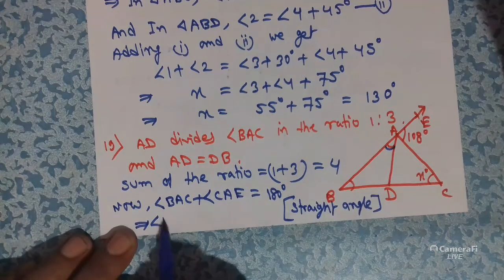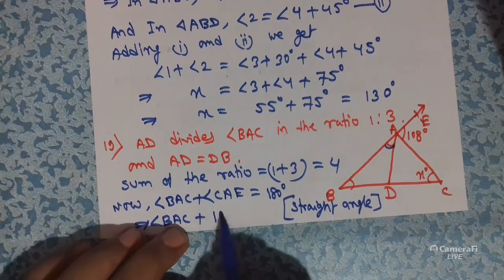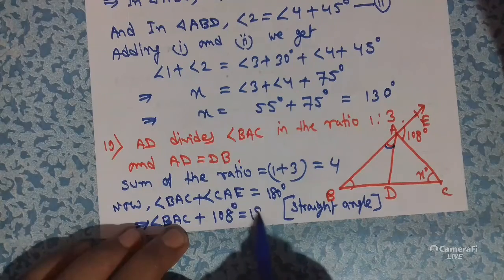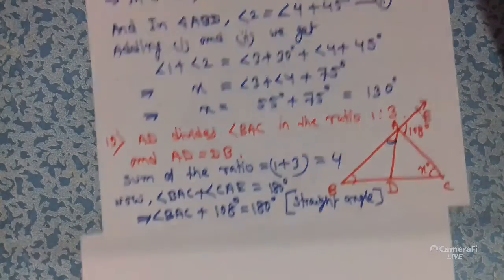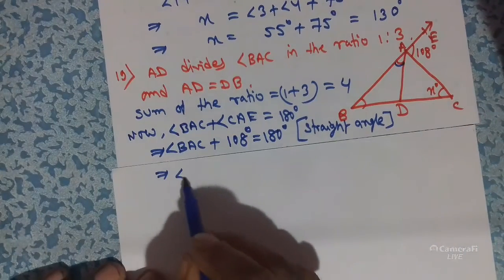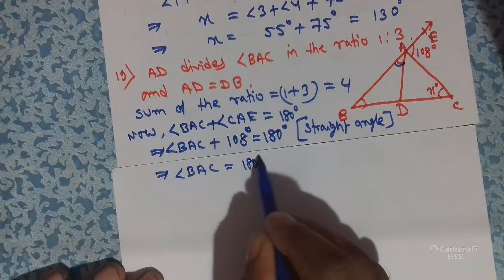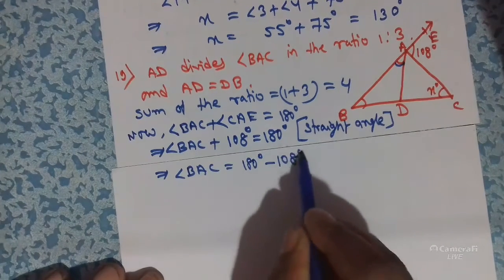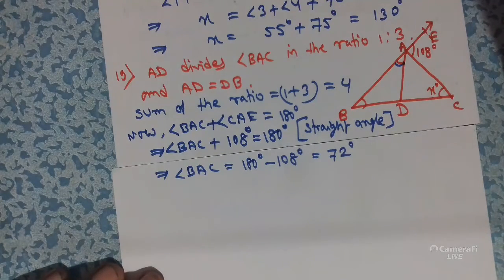So angle BAC plus 108 degrees is equal to 180 degrees. This implies angle BAC is equal to 180 minus 108, which is 72 degrees. So angle BAC is 72 degrees.